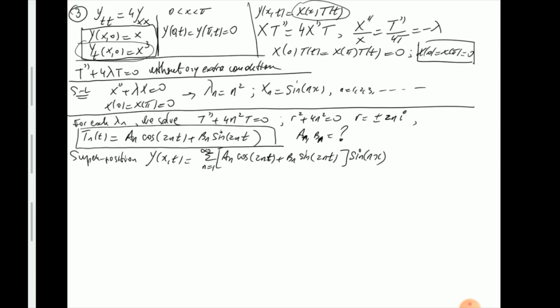And we're going to need also the derivative of this with respect to t for the second initial condition. So y partial t of x,t, we differentiate inside this parenthesis, that gives me minus 2n an sine of 2nt plus 2n bn cosine of 2nt, times sine of nx.